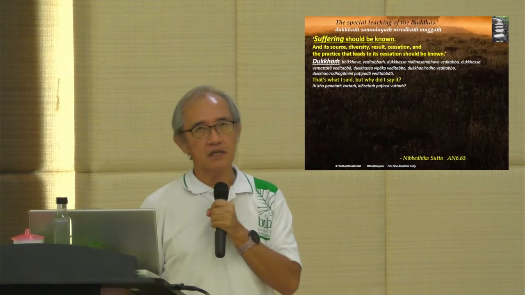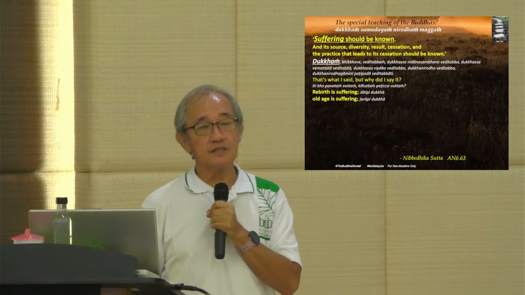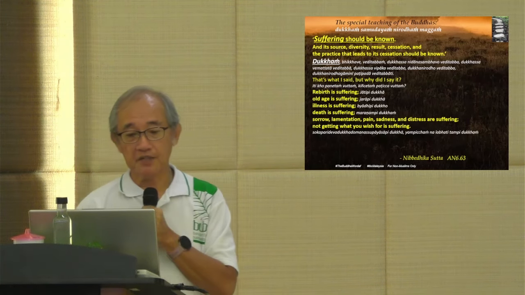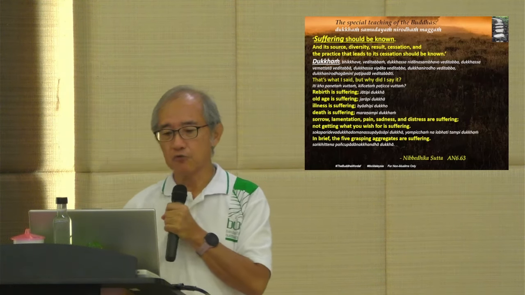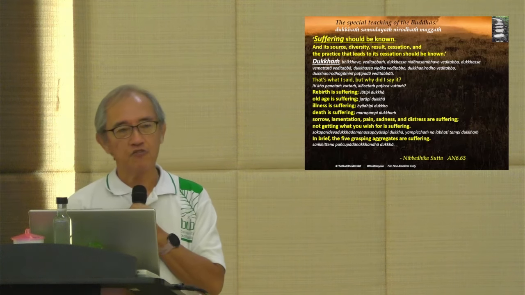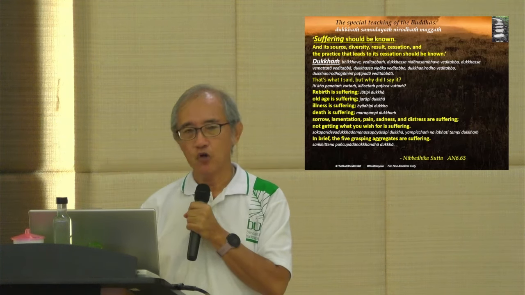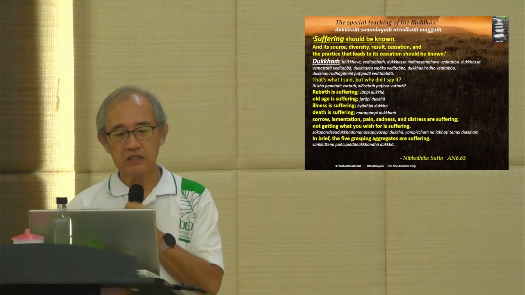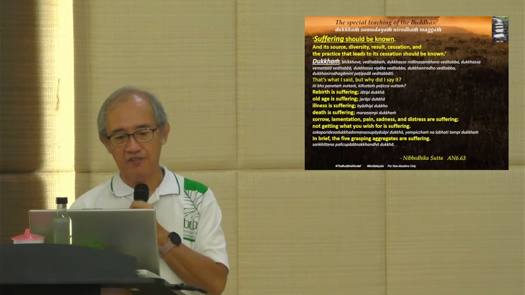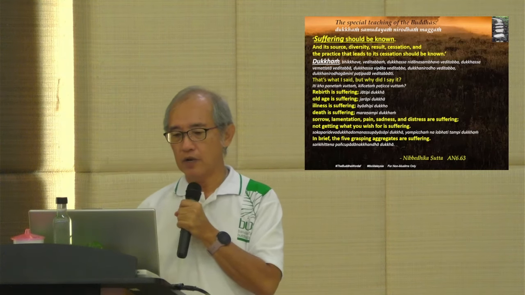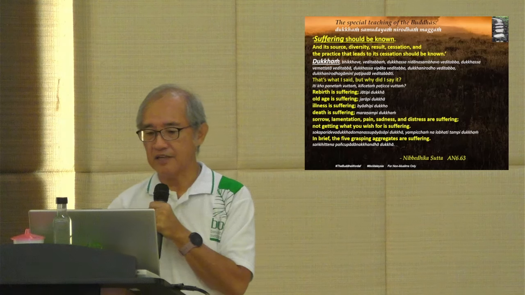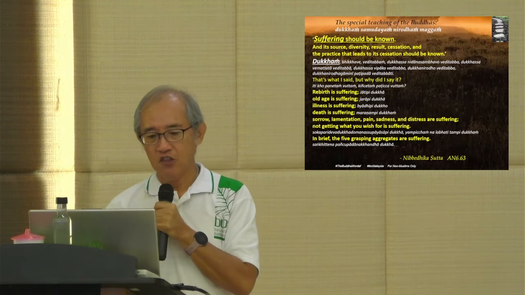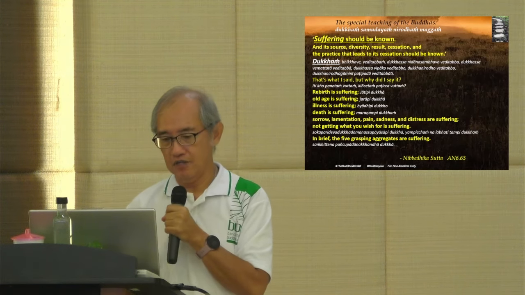Not just in the first lecture given by the Buddha, the Dhammacakkappavattana Sutta, even in this sutta, the Buddha defines dukkha. Rebirth is dukkha, old age is dukkha, illness is dukkha, death is dukkha, sorrow, lamentation, pain, sadness, and distress are dukkha. Not getting what you wish for is dukkha.